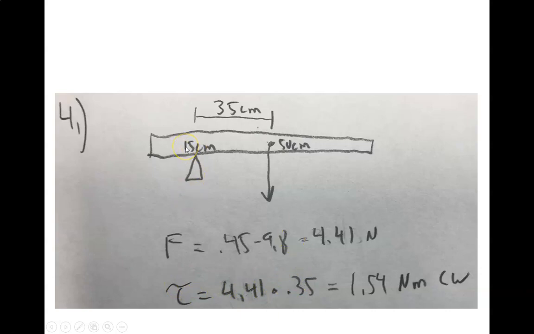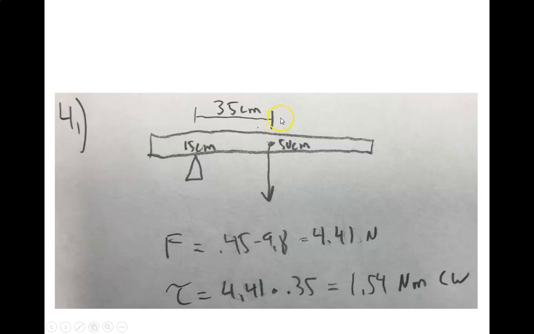Now, the fulcrum, it said, was at the 15 centimeter mark. We know that the center of gravity is going to be at the 50 centimeter mark, unless told differently. So that's where we're going to put our 4.41 newtons right here. Now the lever arm distance is the distance from the force to the fulcrum, which is 35 centimeters.